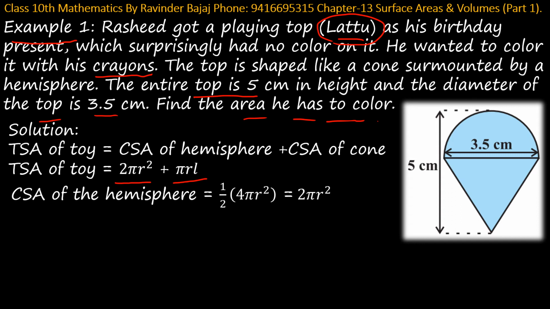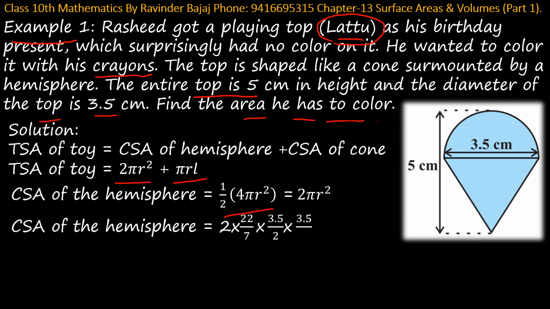Curved surface area of the hemisphere is equal to 1 by 2 into 4 pi r square. This is the formula, and then we put the values of r. 2 into pi into 3.5 upon 2 into 3.5 upon 2. This is 2 pi r square. Value of r is 3.5 upon 2. This is equation number 1.